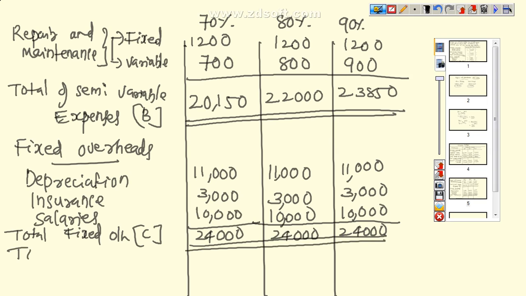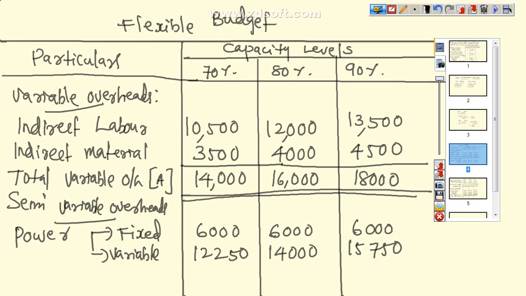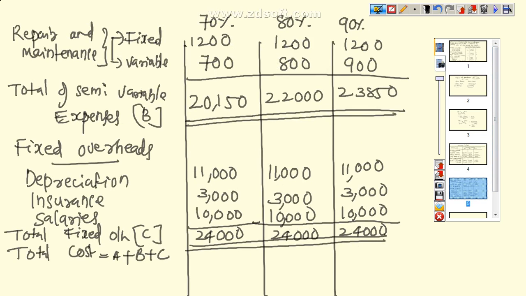Now total cost is equal to A plus B plus C. A means total of variable overhead, B means total of semi-variable overhead expenses, C means total of fixed overhead, that is equal to A plus B plus C. So first part answer is equal to 14,000 plus 20,150 plus 24,000, that is equal to 58,150.